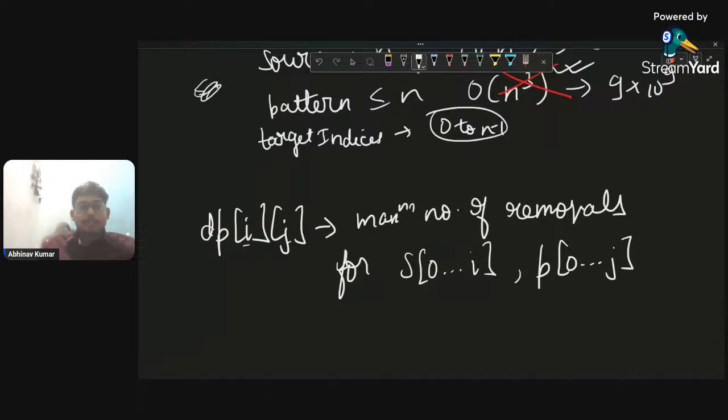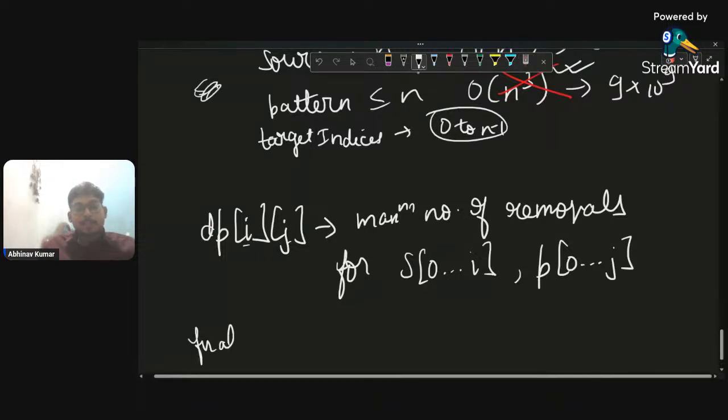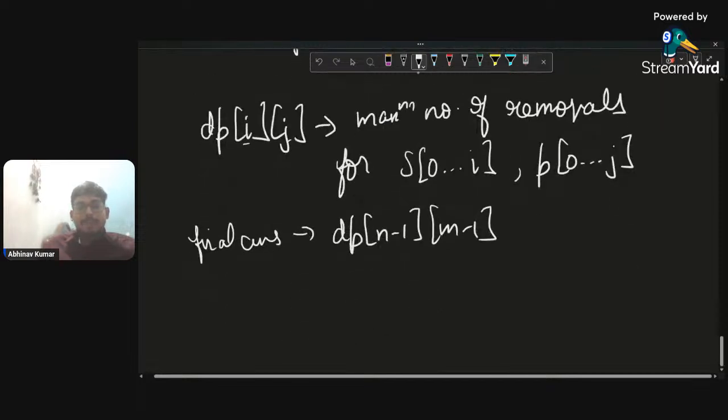If I can write a transition and calculate this, then my final answer would be just DP[n-1][m-1]. That would be my final answer if we have a state like this.